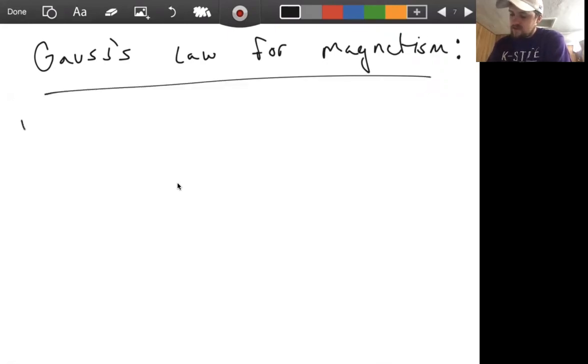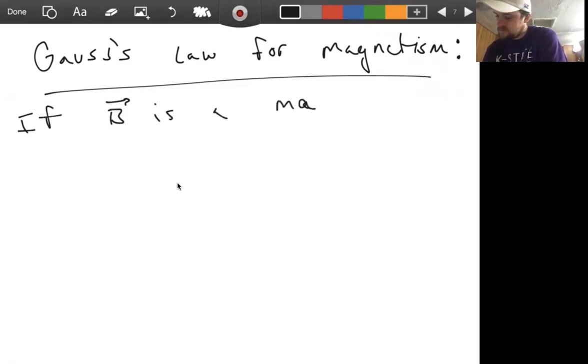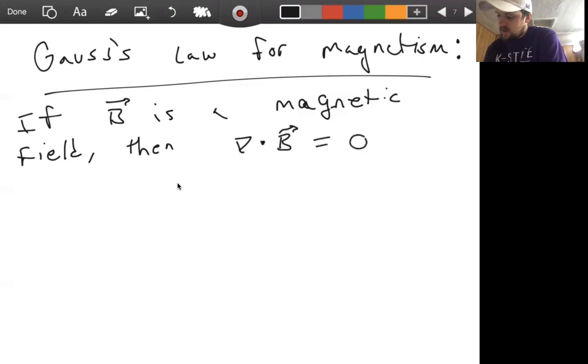And this says if B is a magnetic field, then gradient dot B equals 0. This is what Gauss's law for magnetism states.